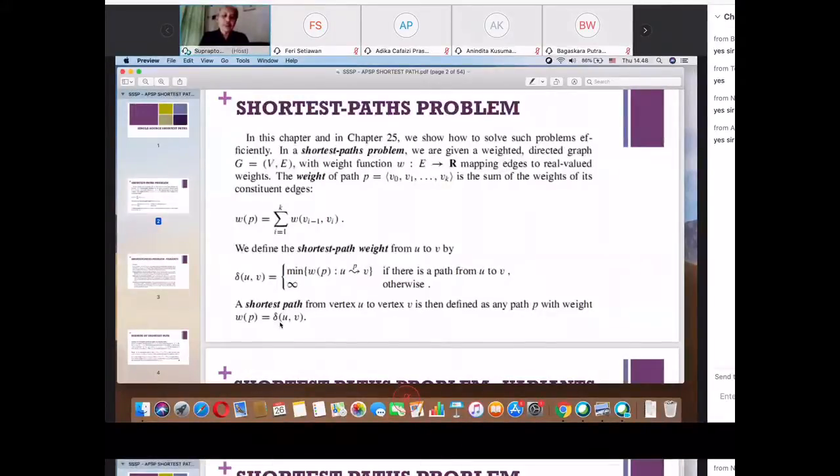Remember that when you use this small delta, you have to specify the initial vertex u and the terminal vertex v for the path. But when you use the small w, you just write the name of the path, right?